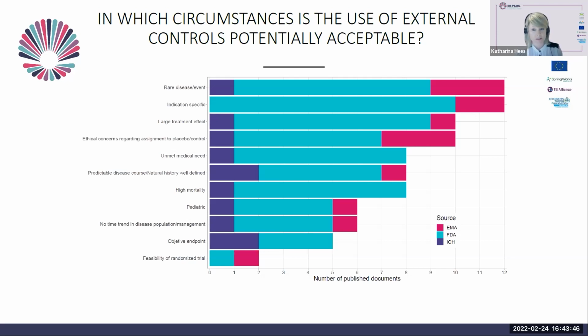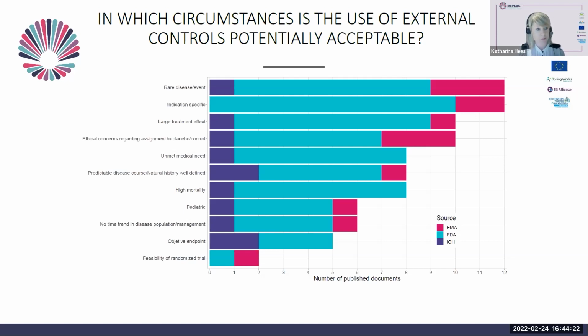Next slide, please. One of the questions of our questionnaire was, in case the guideline deemed the use of controls acceptable, what are the specific circumstances mentioned in which the use might be acceptable. This is what we found. The most often mentioned circumstance was a rare disease, or also a large treatment effect, and ethical concern, unmet medical need, predictable disease course, high mortality, a pediatric trial.